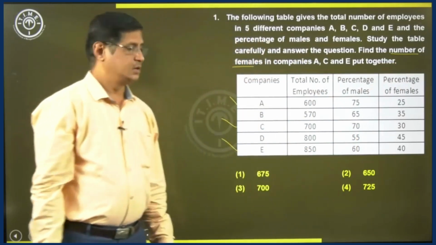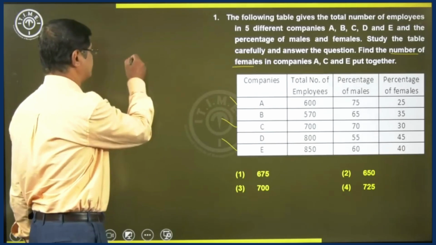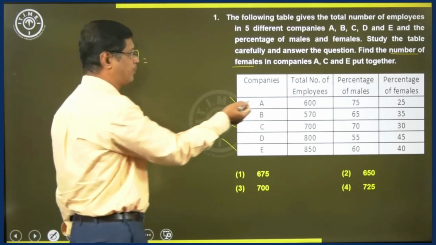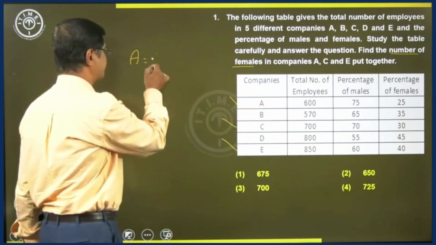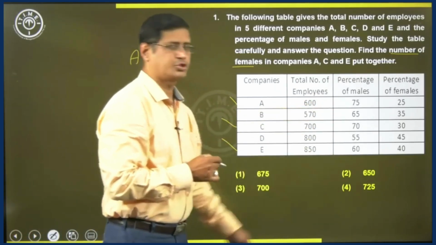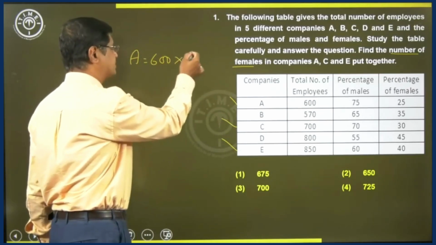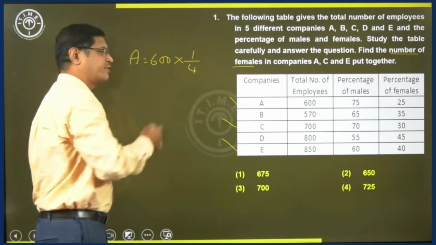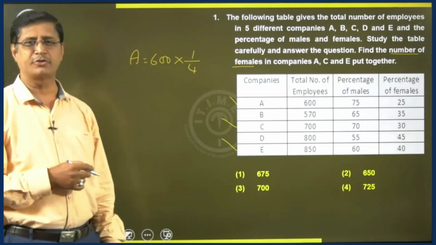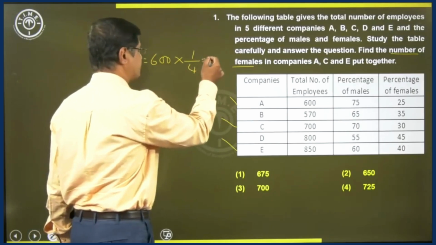Dear students, how many females are in company A? Just observe. The number of employees is 600. Now, the percentage of males is 75 and the percentage of females is 25. 25% means 1/4 value. 1/4 of 600 is 150.